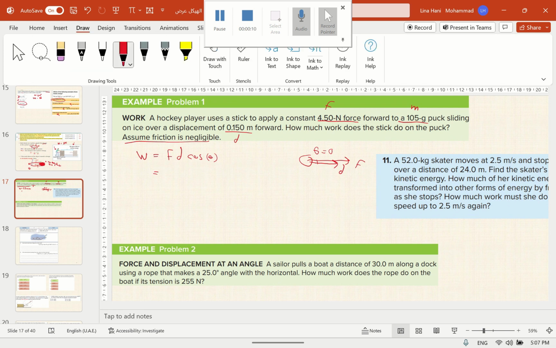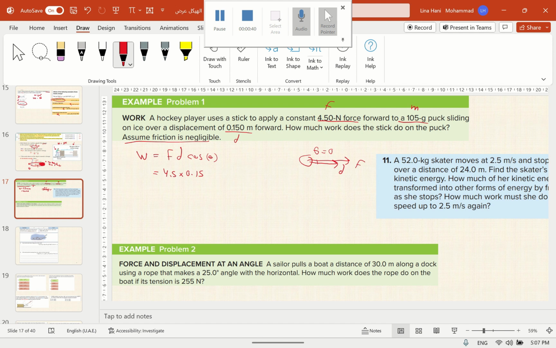equals the force applied, which is 4.5 newtons, times the distance traveled, 0.15 meters. See here the units are okay, so you don't need to convert the force in newtons and the distance in meters. Otherwise, if the distance is in centimeters, God forbid, you have to convert by dividing by 100.